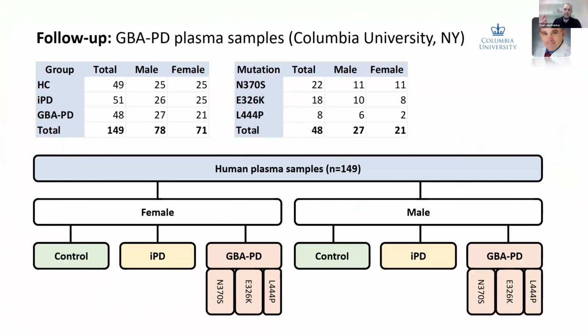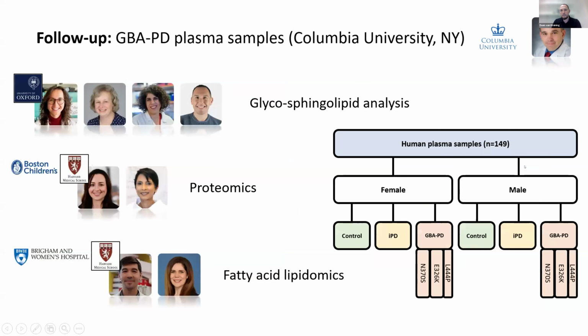So we wanted to expand this. We analyzed about 150 samples, both males and females, stratified, in which we analyzed the controls, IPD, GBA, and GBA-PD. But here we had the opportunity to also look into the specific variations of GBA mutations.